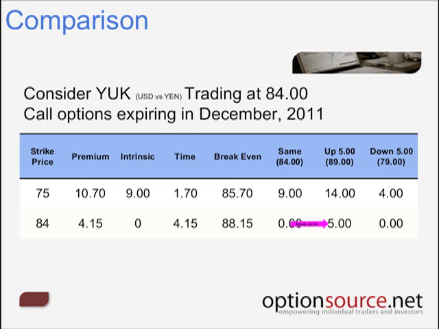So remember, we put up $4.15, but we're only going to be able to offset that for the $5, because remember, we have a break-even that we have to consider. Our break-even point is 88.15. So the pair has to move that much greater in order to compensate for that time value component that we've actually had to allocate.